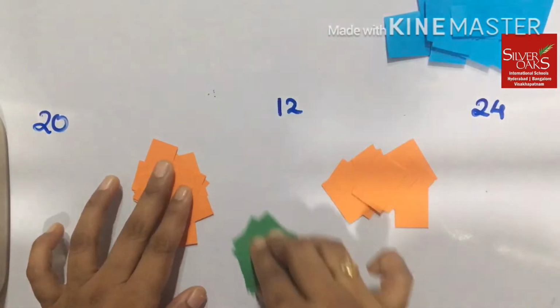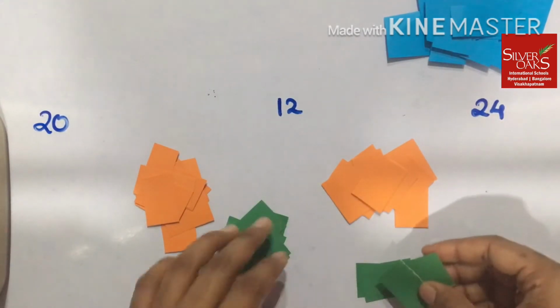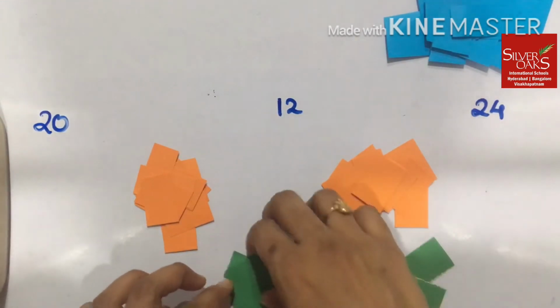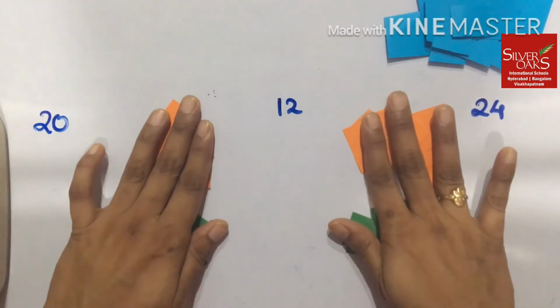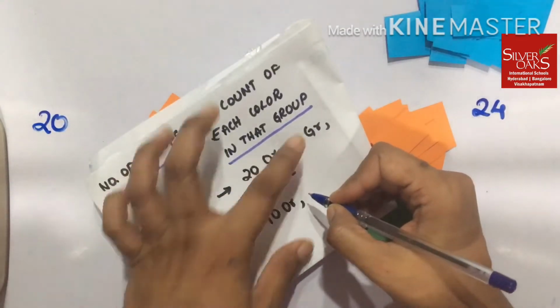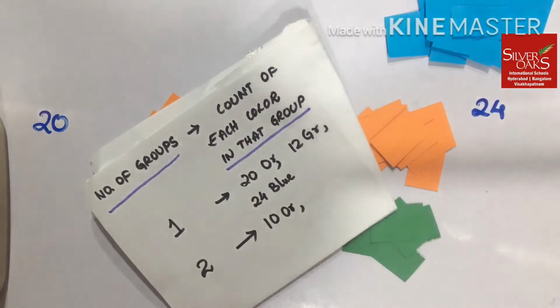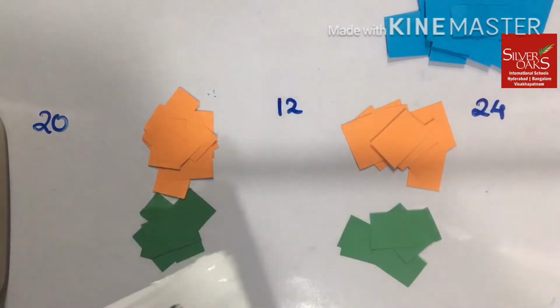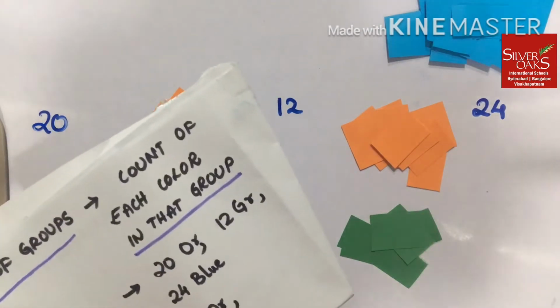I have 12 of them. If I have to equally distribute between both the groups, so 1, 2, 3, 4, 5, 6 over here and the remaining 6 over here. That means you have taken 6 green in each of the groups.